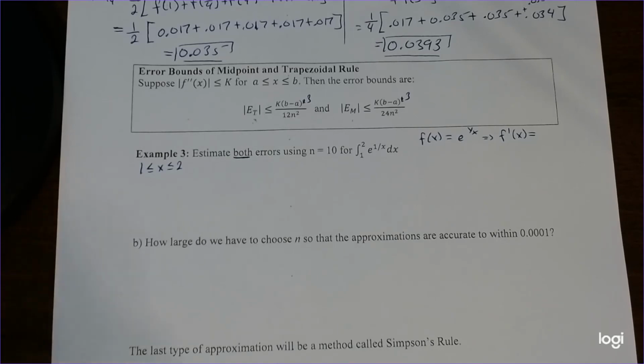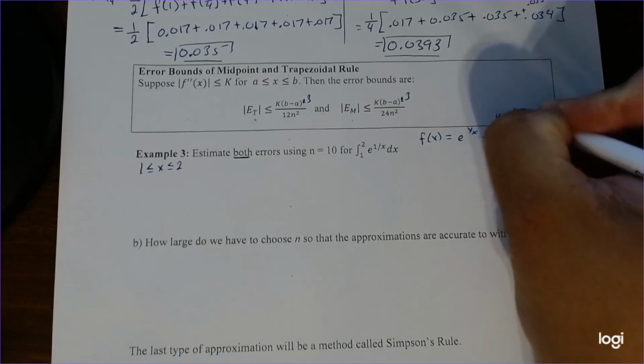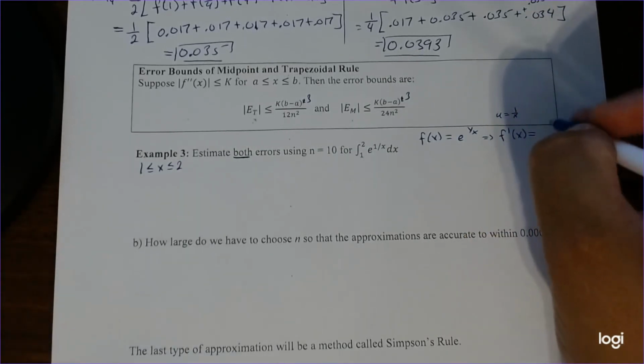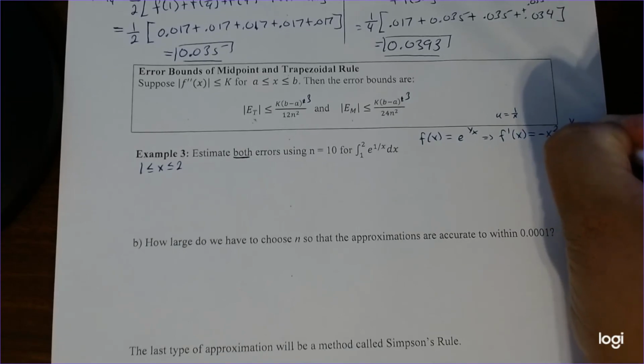Let u equal 1 over x. Take the derivative and take the derivative of the outside. So this ends up being negative 1 over x squared times e to the 1 over x.